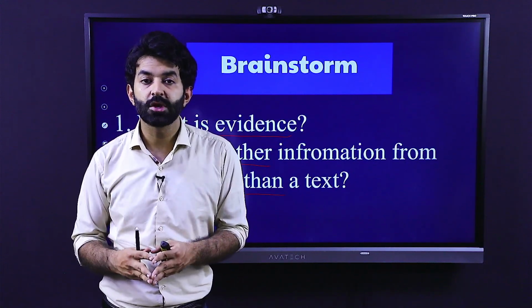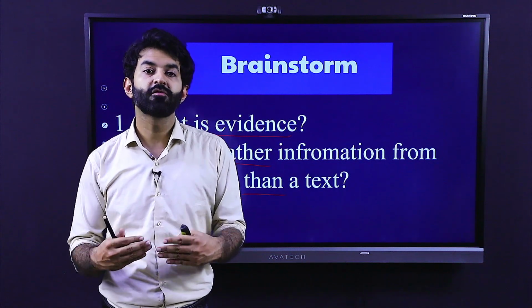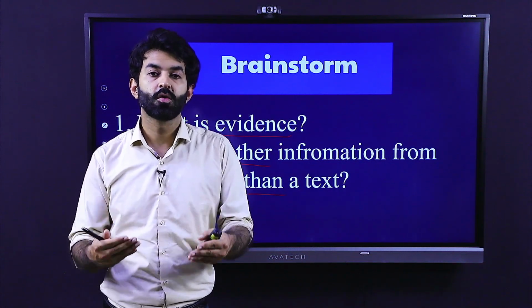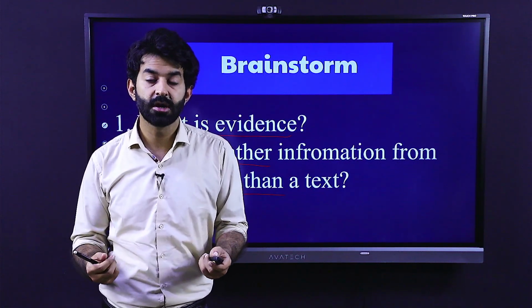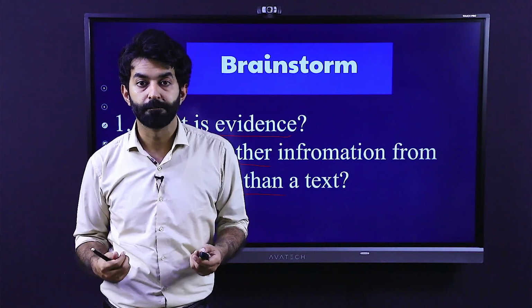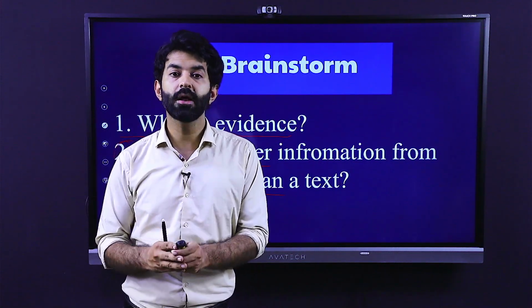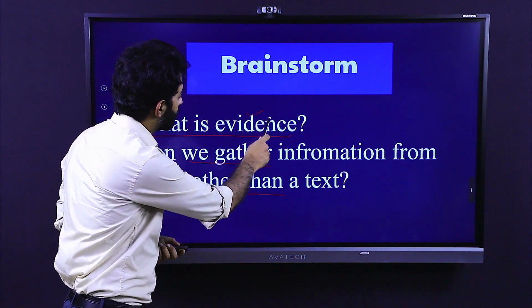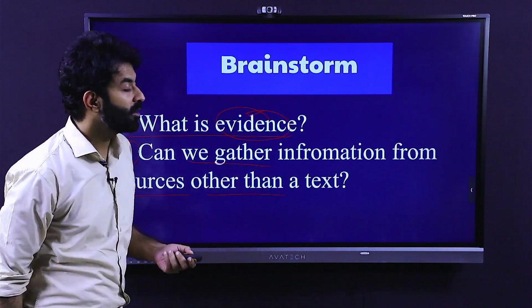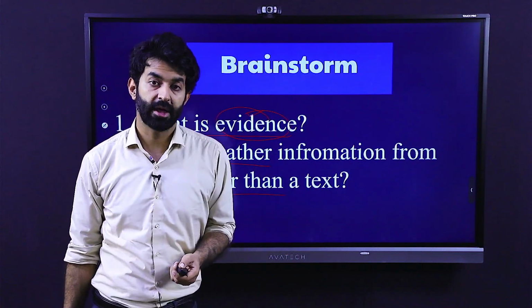But we have to take help from the text and quote the evidence, quote the reference, in order to make the answer that we are giving stronger. So I hope, students, you are clear about how important evidence is and why we refer to it in the text.